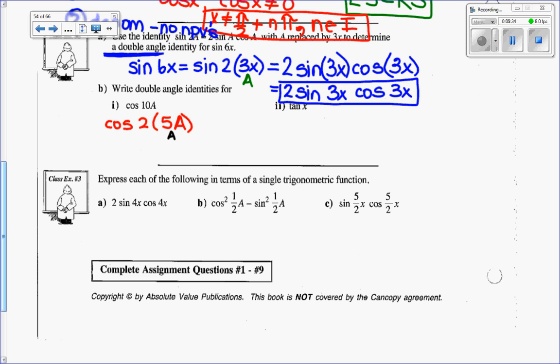If you look up at the top of your page, cos 2a is either cos squared a minus sine squared a, or 2 cos squared a minus 1, or 1 minus 2 sine squared a.